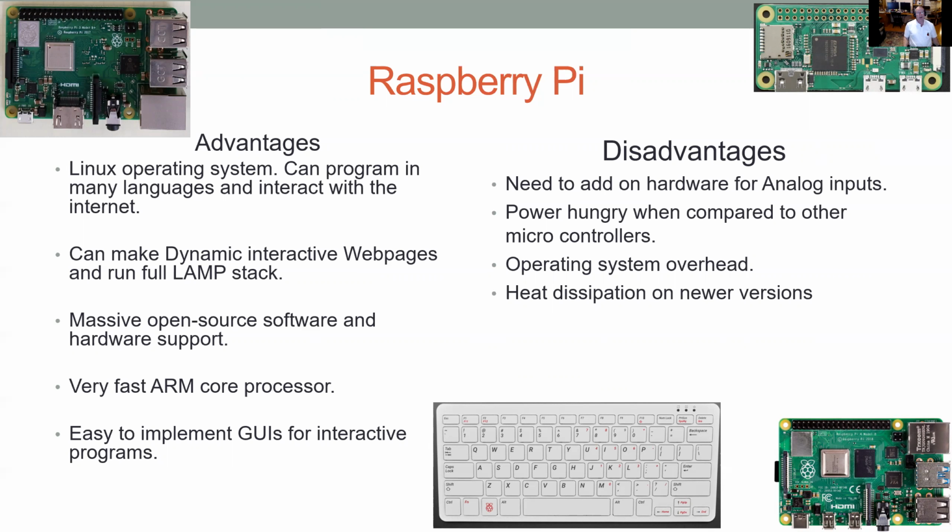It's very power hungry, especially when compared to Arduino. You know, these things really take down the power. I would not recommend a Raspberry Pi for anything that's battery powered. If anything, I would go to a BeagleBone, which takes 1/4 of the power that the Raspberry Pi 4 takes.